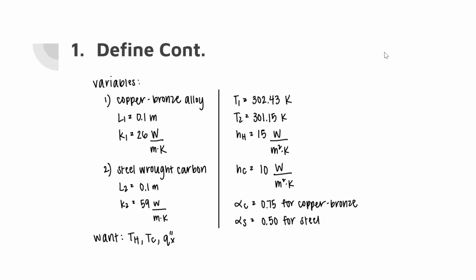We have our steel, wrought carbon, which also has its variables. We have T1, T2, and we're given h of the hot air and h of the cold air, and then we're given numbers for copper bronze and for steel. And so we want the temperature of our hot air, the temperature of our cold air, and the heat flux.